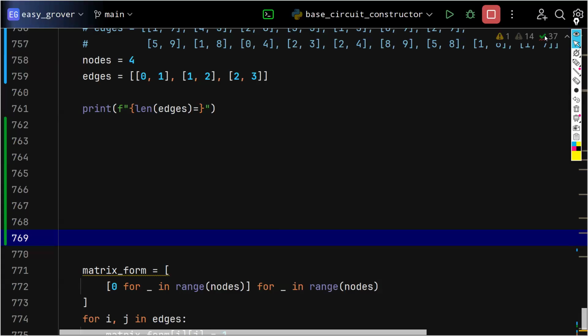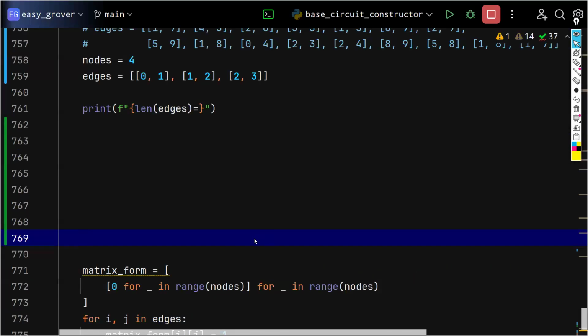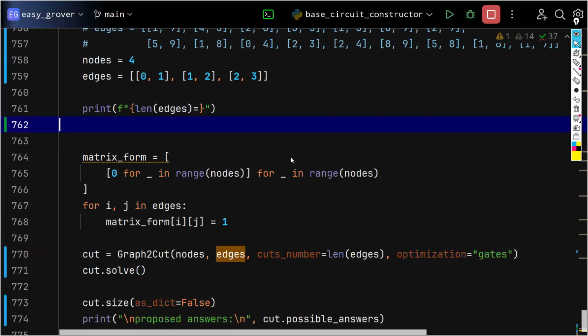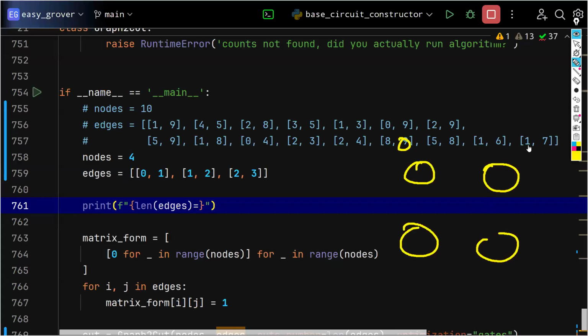For example, if I go back, let's look at the number of nodes and the problem. I have 4 nodes, right? This is 0, this is 1, this is 2, this is 3, and I have some edges. So 0 is connected to 1, 1 is connected to 2, and 3 is connected to 2.